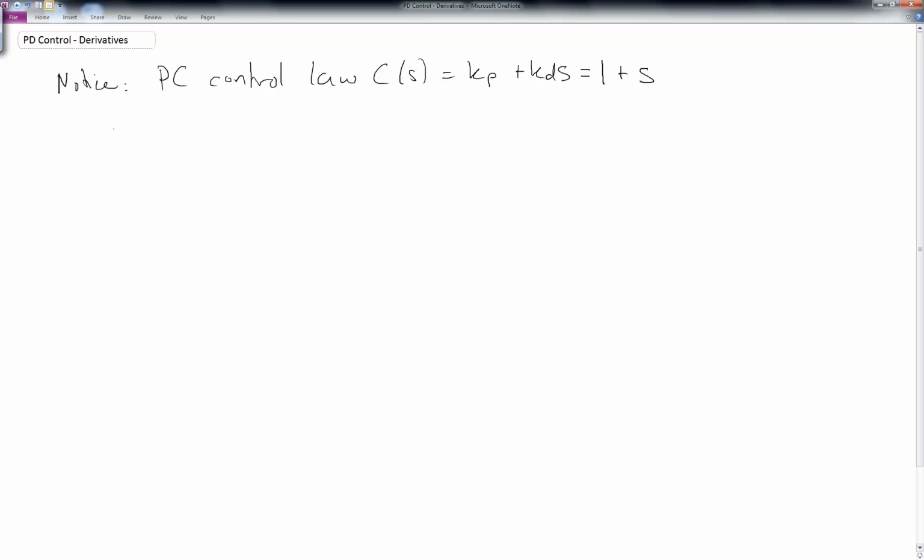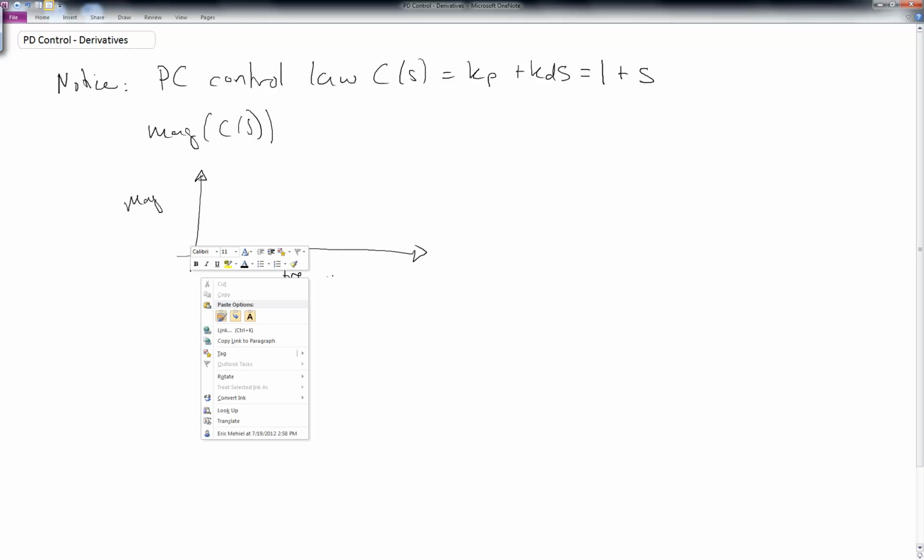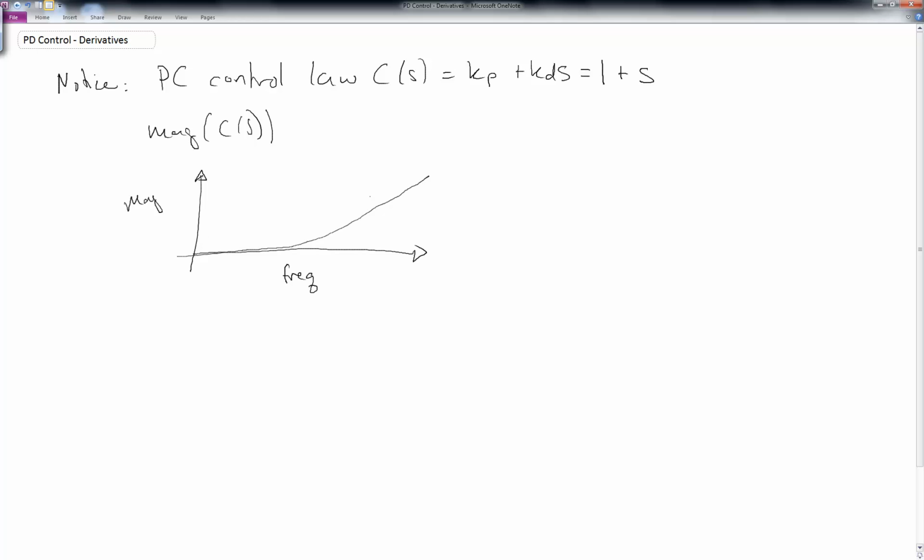And we can go ahead and calculate the magnitude of this control law, and we can plot that versus frequency. What we would find is that if I have magnitude over here, and frequency here, as frequency increases, the controller starts with a magnitude around 0, and then at some frequency it starts to ramp up, and it goes off linearly in the log scale.